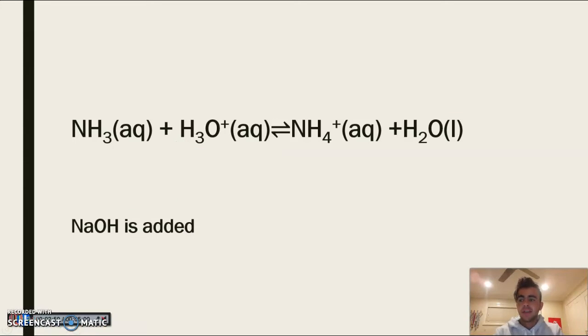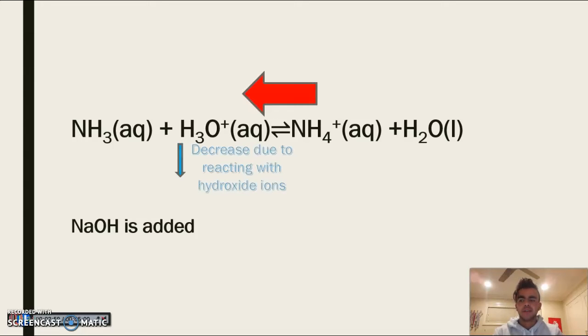Where if you add a strong base to this solution, it will be the opposite, as the equilibrium will shift to the left, because the hydronium ions react with the base being added, meaning they are reduced in the reaction, so the equilibrium must shift to the left to create more reactants.